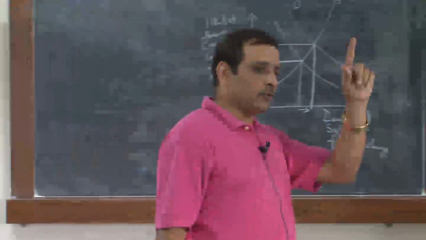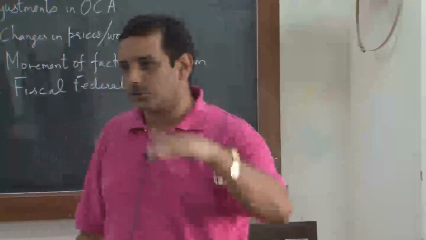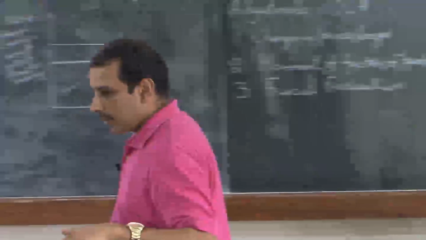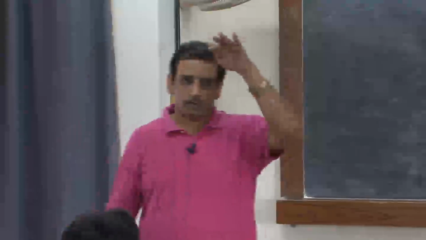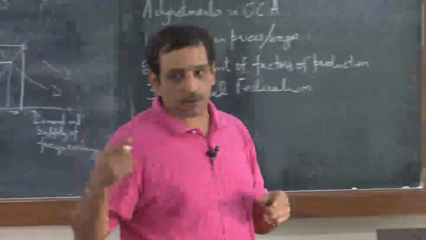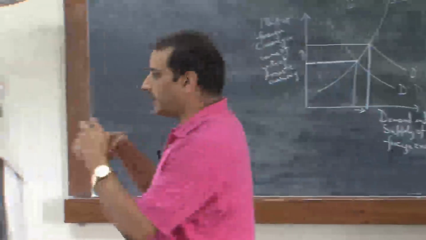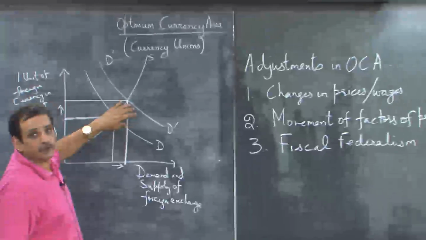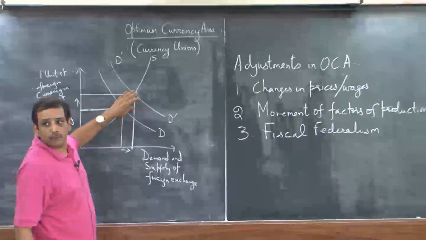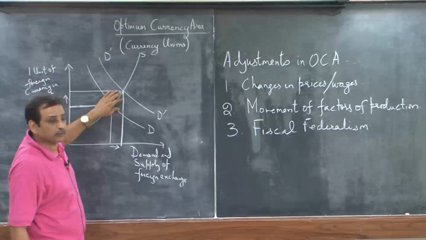If the price goes up, the aggregate demand in their economy goes down, right? And correspondingly in your home country, the prices go down. So, therefore, the aggregate demand in your economy goes up. So, it takes care of that shift in the demand for the foreign goods.